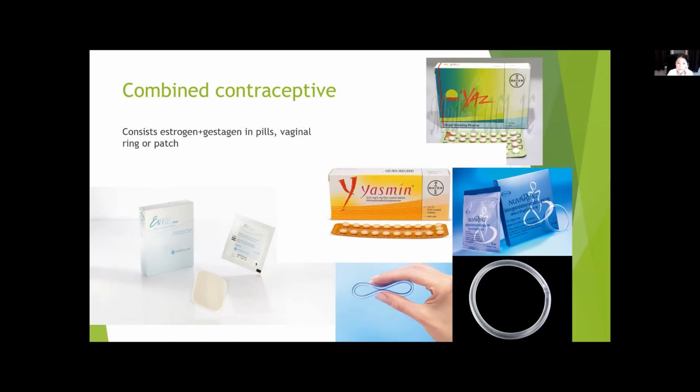There are 3 patches in one pack, and every patch is for 1 week, and the woman should change it, 1 patch per 1 week. So it means 3 weeks of using ERA, and then 1 week of day off, when bleeding will happen in this day off period.